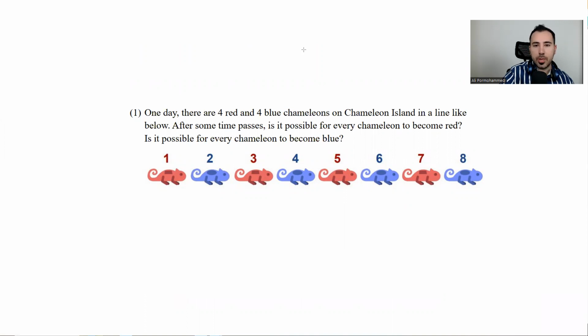We'll have 4 red, I'm going to swap them with balls, and then 4 blues. Basically we could swap them, right? Let's see.